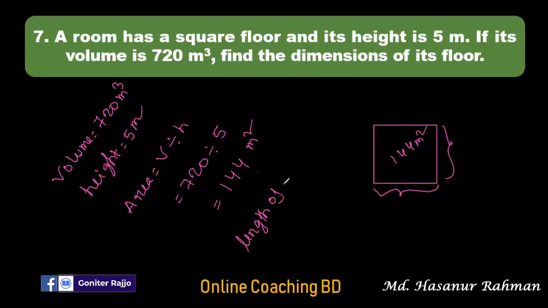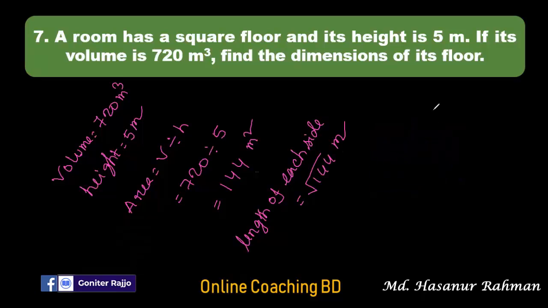So we have to find out the length of each side, and that is actually root over 144 meter. So now we have to find out the square root of 144.